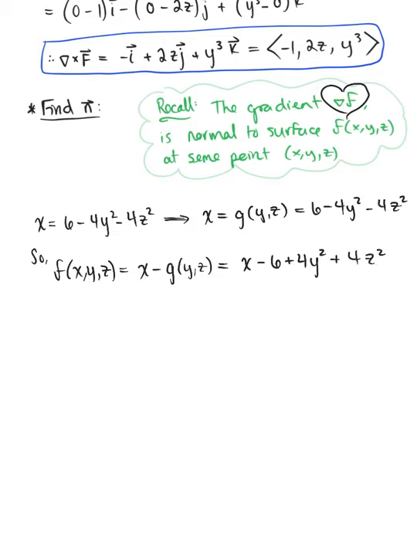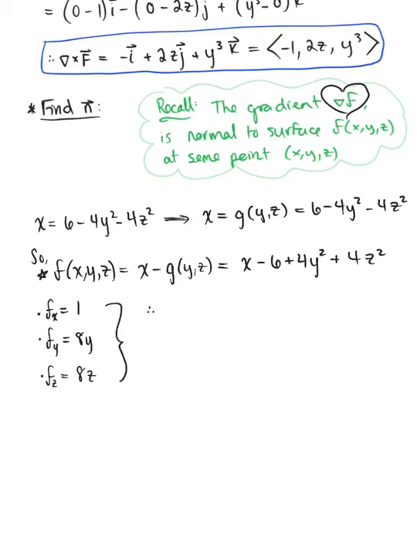And we'll use this implicitly defined surface here to find the components of the gradient. So we need the partial derivatives. We need the partial derivative of the surface with respect to x, which leaves us with 1. We have the partial derivative with respect to y, which leaves us with 8y. And we need the partial derivative with respect to z, which leaves us with 8z.